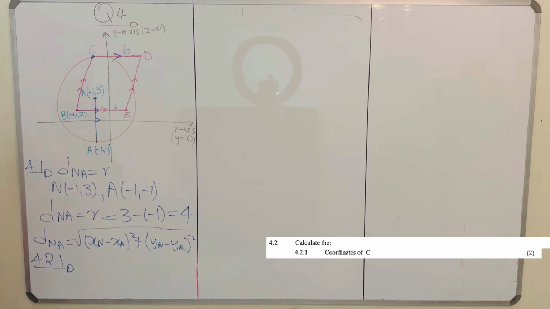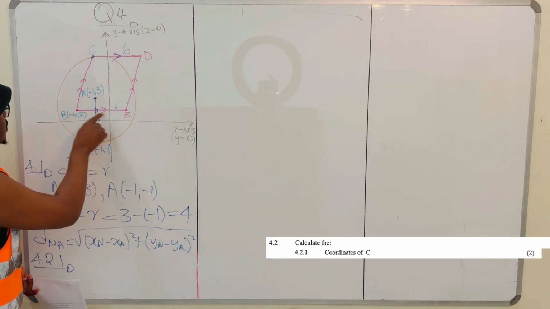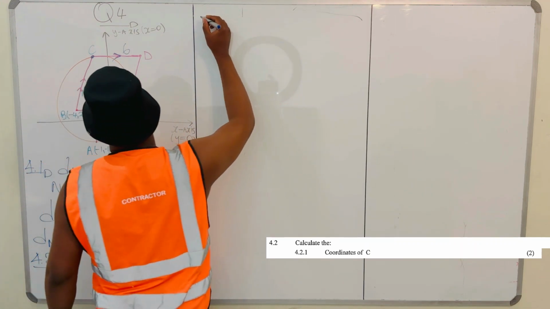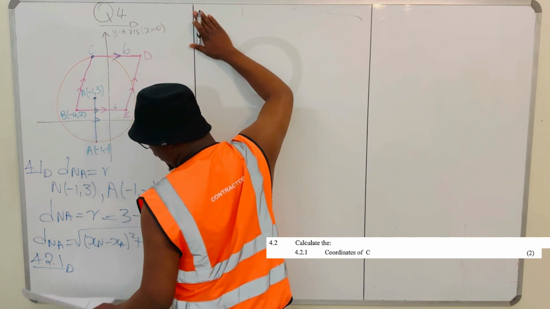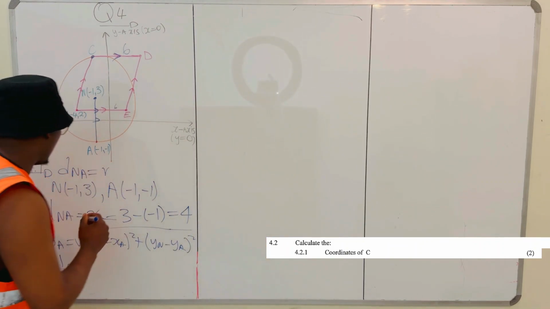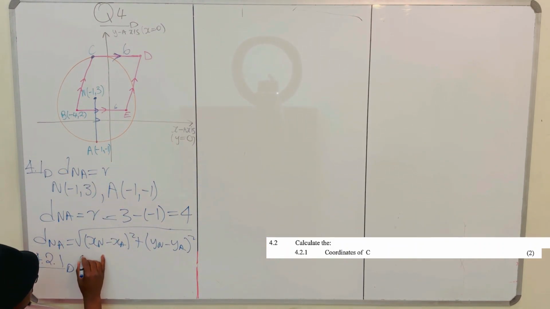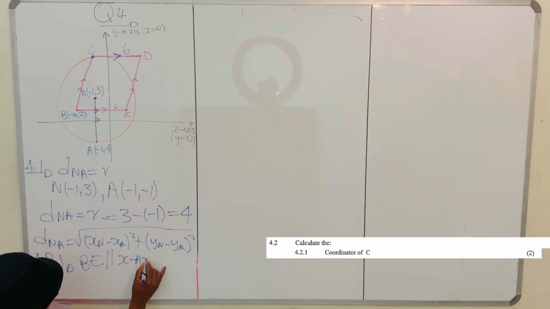So we're told that the line BE, I'm doing 4.2.1, we're told that BE is parallel to the x-axis, or the line y is equal to 0.